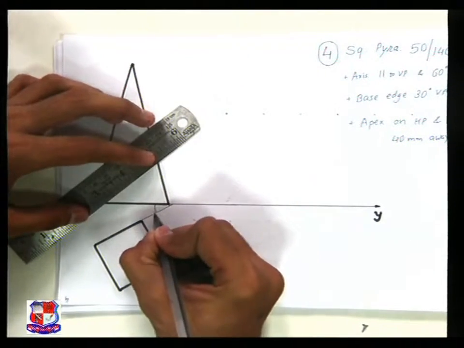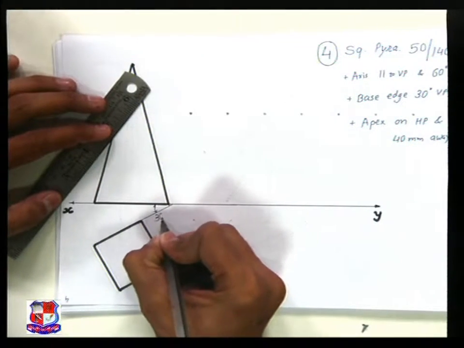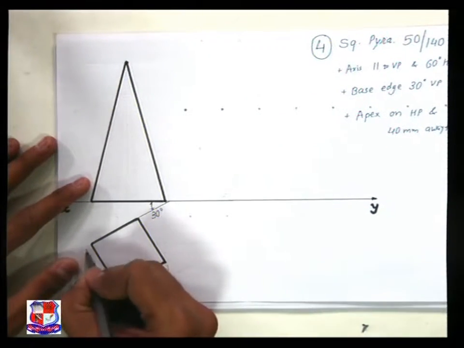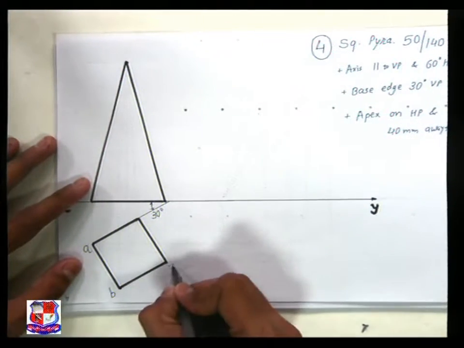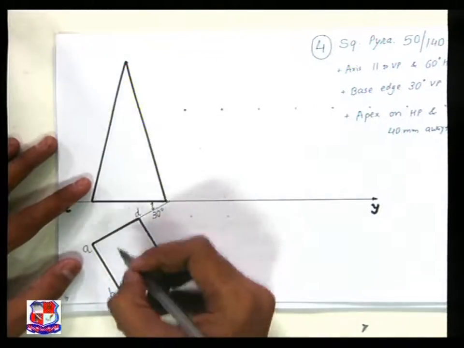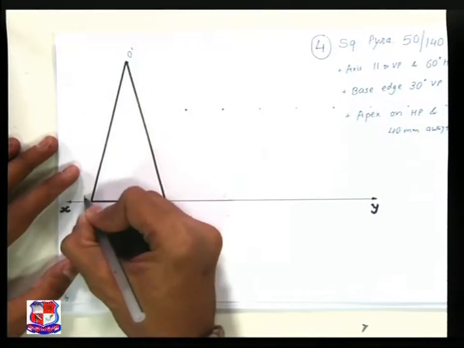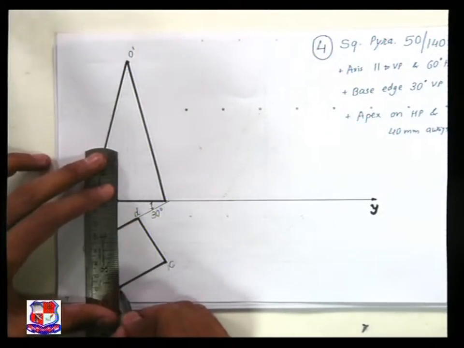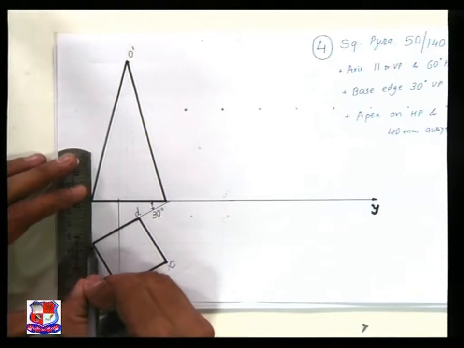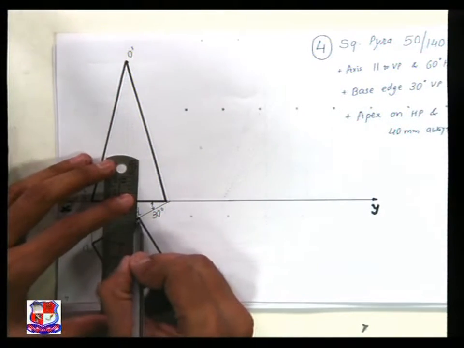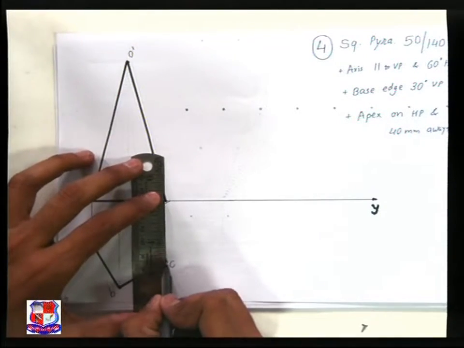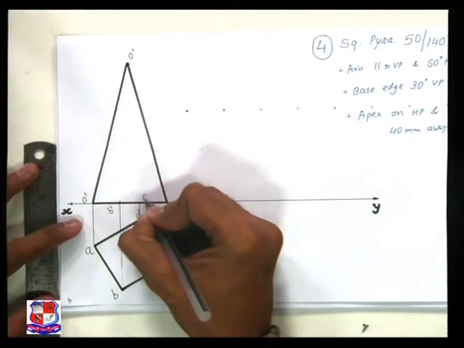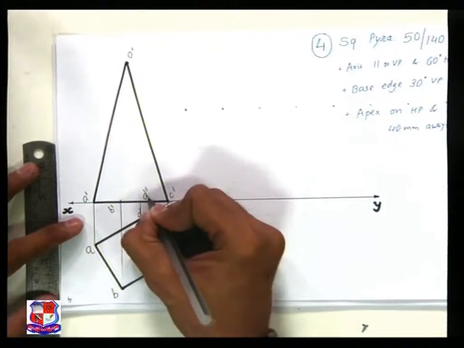Say this angle is 30 degree and draw this square. Name the endpoints. Say here is point A, B, C, D, and here apex point O dash, A dash. Vertical line from point B would be here, vertical line from point A would be here, vertical line from point D, and projection line from point C would be here. So here is point B dash, here is point D dash, and here is point C dash.